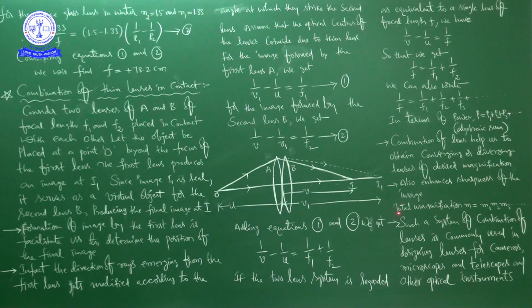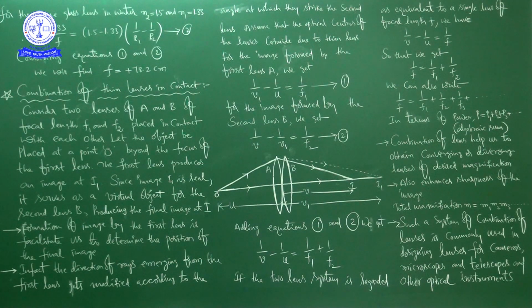Next, magnification, right? What magnification is we know, but here we are using different lenses in combination, meaning the number is more, for example 2, 3, 4, and they may have different focal lengths. It is not a problem. So when we use different lenses in combination, what is the final magnification?